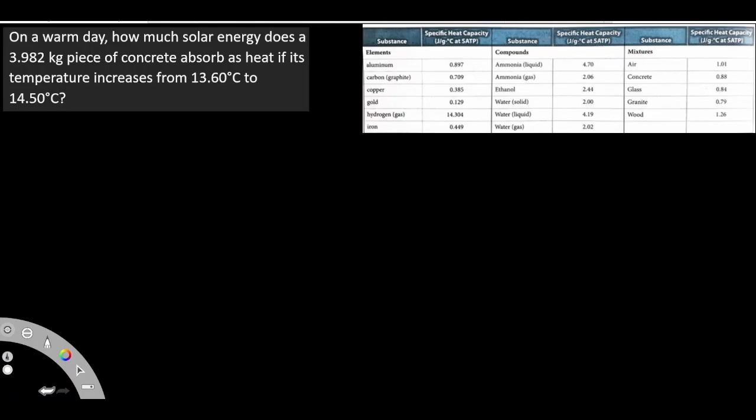On a warm day, how much solar energy does a 3.92 kilogram piece of concrete absorb as heat if the temperature increases by this much? Let's put our formula first. Our mass here is 3.92 kilograms.